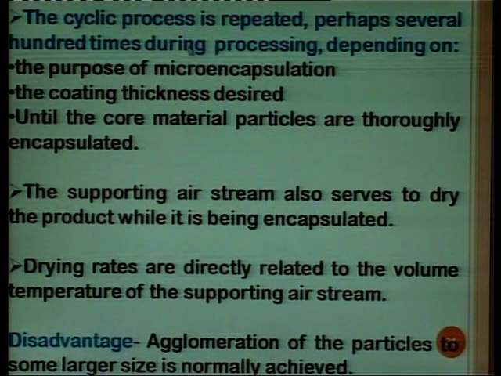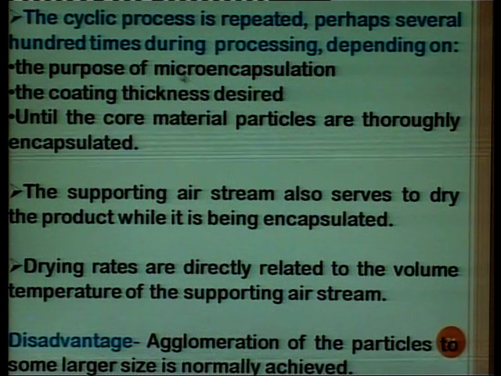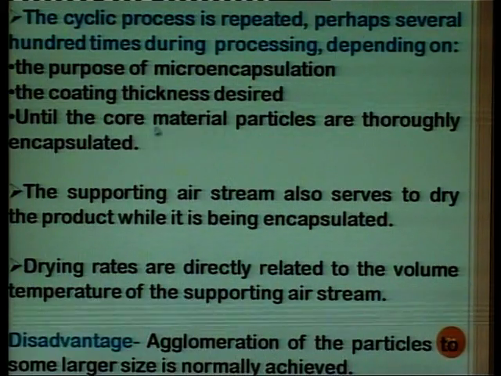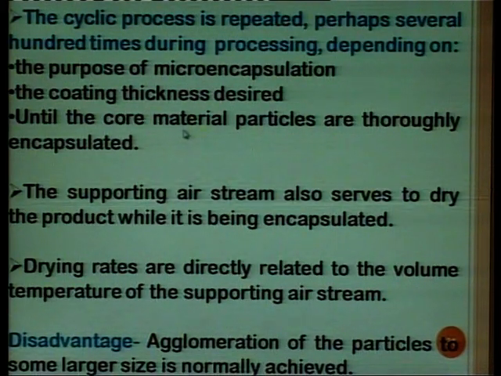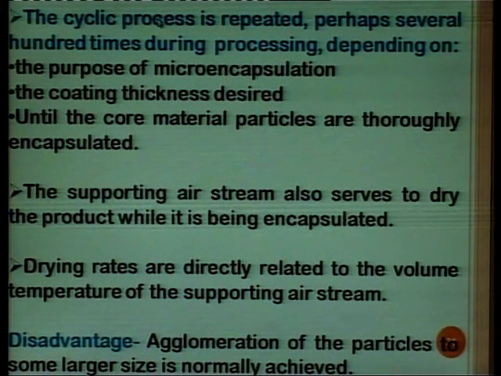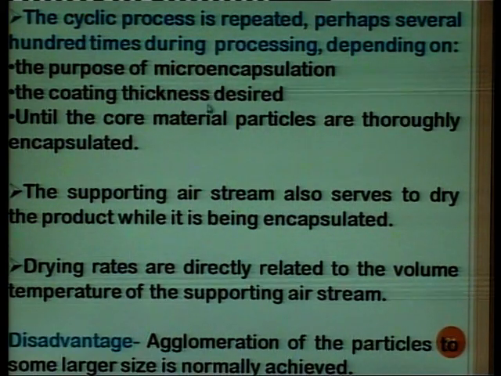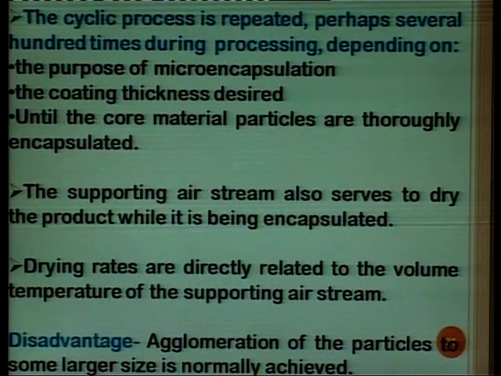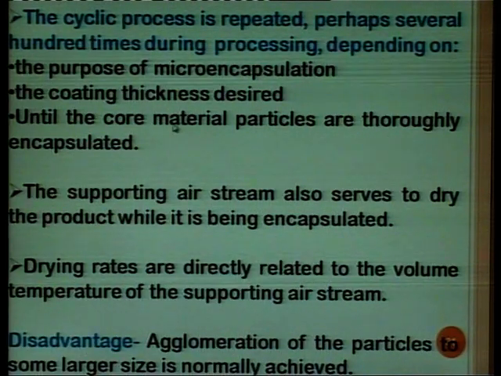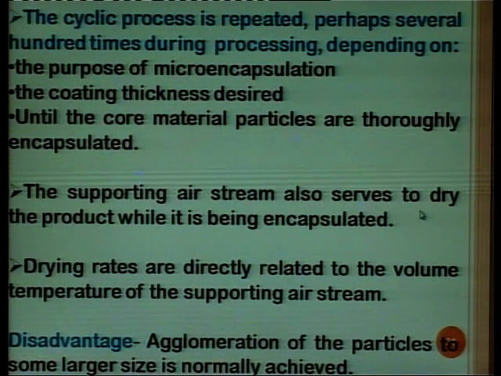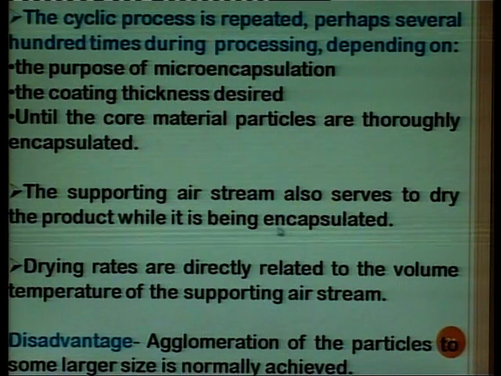When you ensure the coating thickness you desire is correct, then you stop this process. The supporting air stream also serves to dry the product while it is being encapsulated.